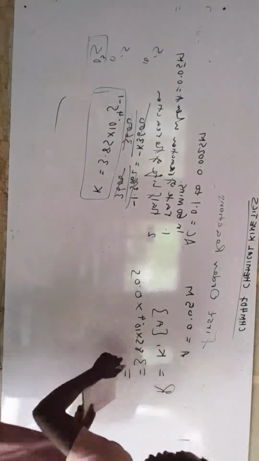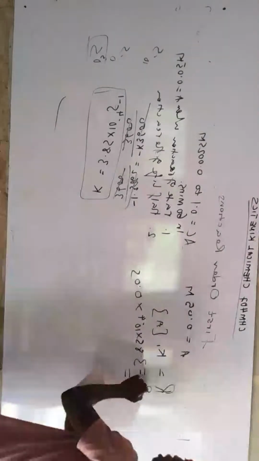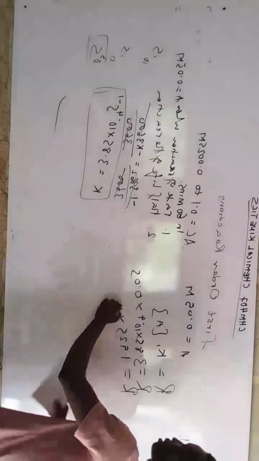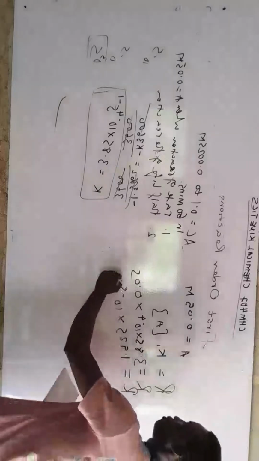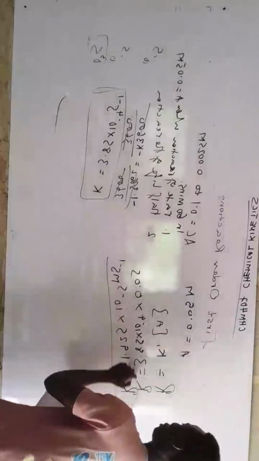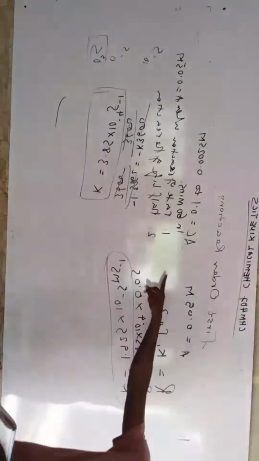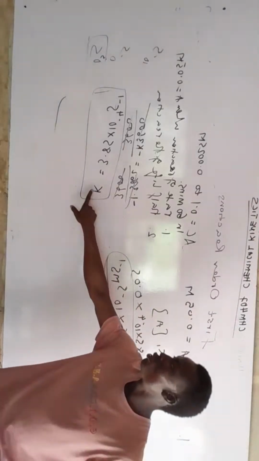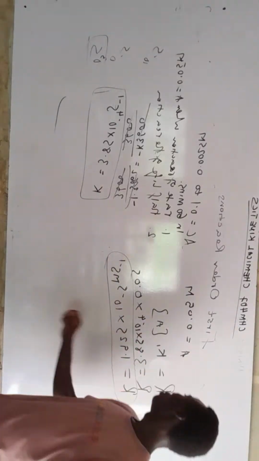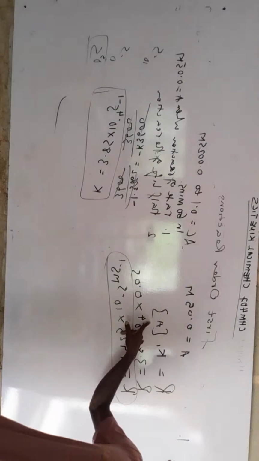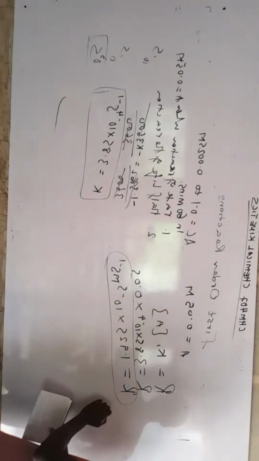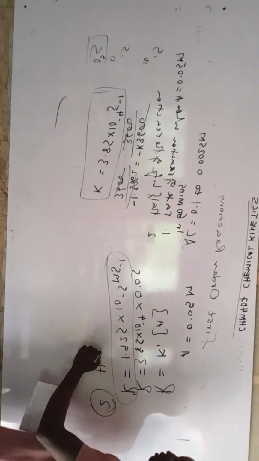You are going to have the final answer of R to be 1.925 times 10 raised to power minus 5 mole per second. So that is what the question asks you to calculate for number 1. This is just your K. So R equals K times the concentration of A. Take note of that.